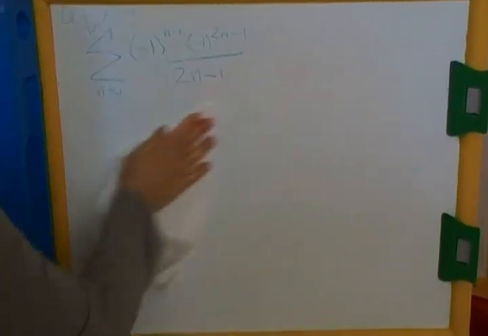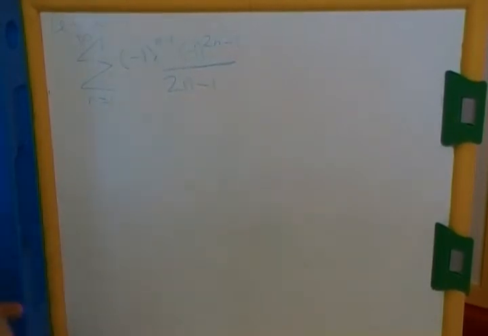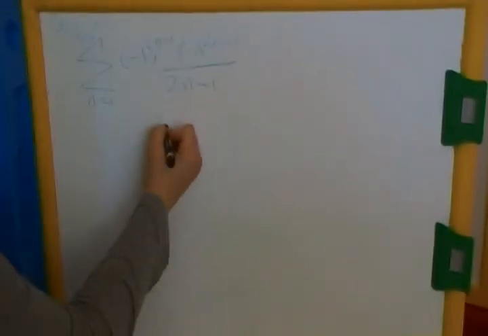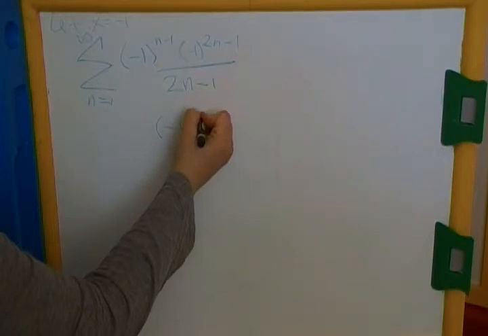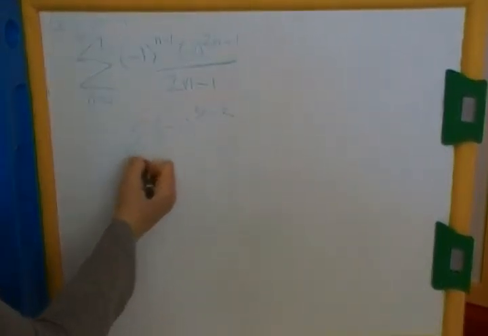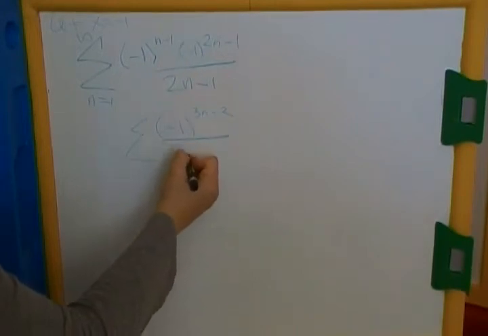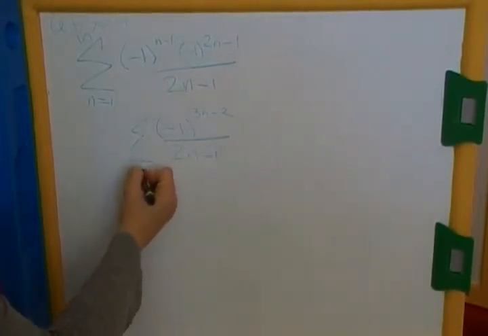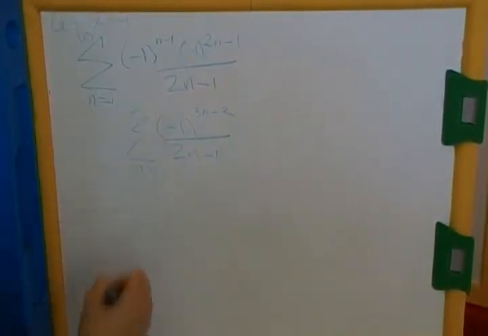So when I add the exponents, I get n minus 1 plus 2n minus 1, which is 3n minus 2. All right, what do I know about negative 1 to the 3n minus 2?